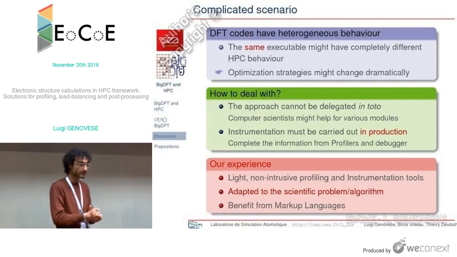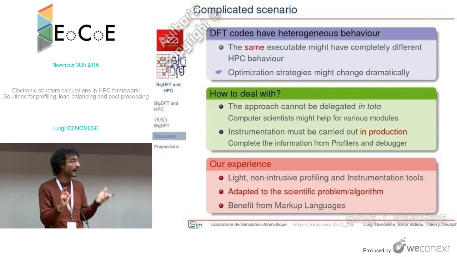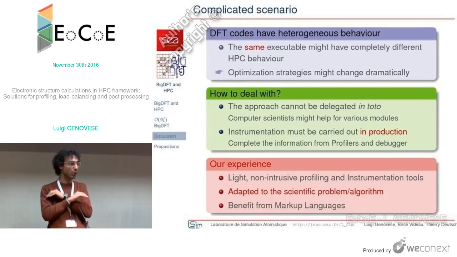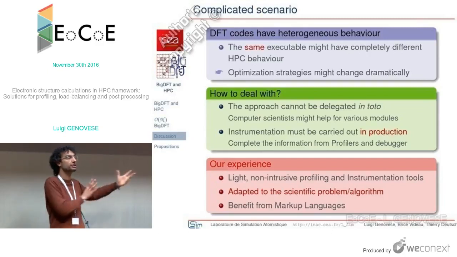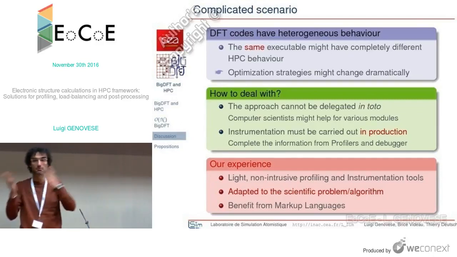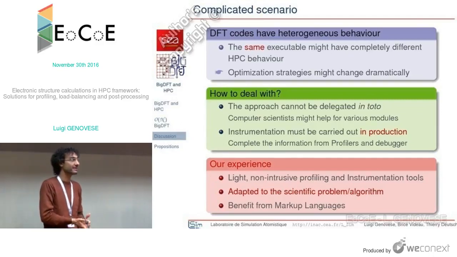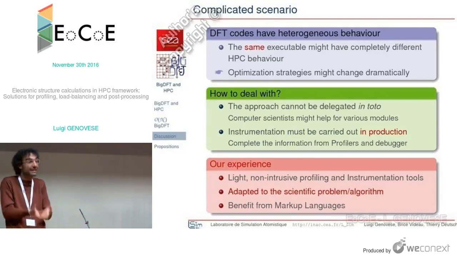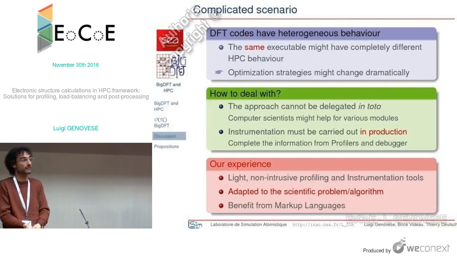You just change your input file a bit. For those who know what I mean, you just change, for example, the exchange-correlation approximation, and your runtime is now completely different. All the considerations you have made in the context of one input file may now be dramatically changed. So the optimization strategy, in view of the usage of DFT, has to be adapted to the physical problem you want to simulate.